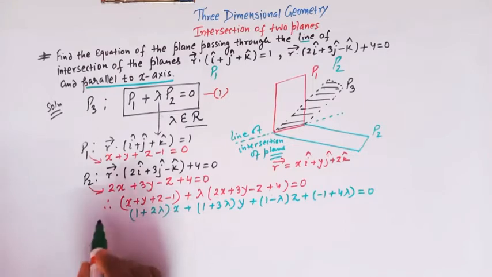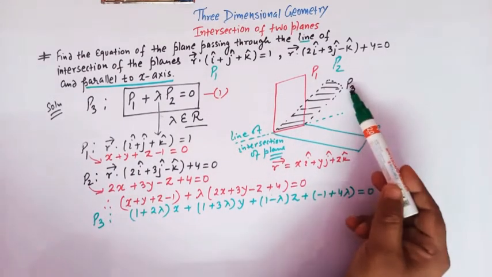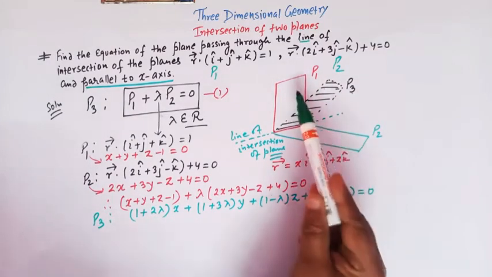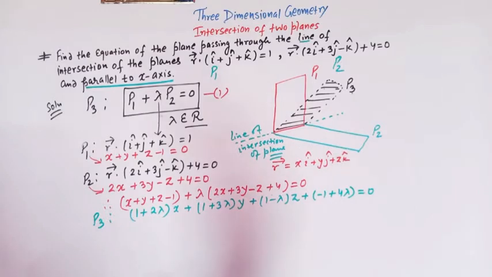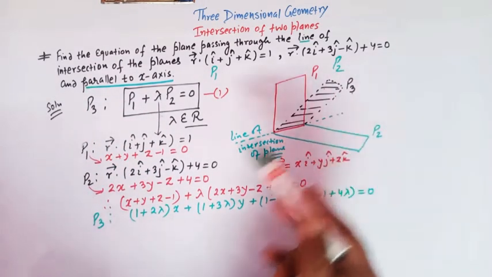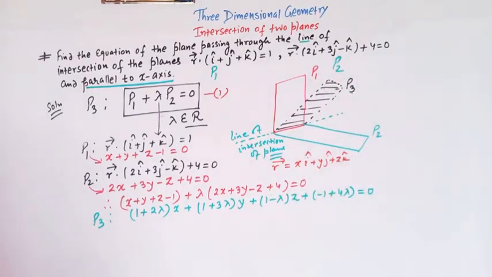So this is the Cartesian form of this plane P3 which passes through the line of intersection of planes P1 and P2. Once we calculate the value of lambda from this condition, we can easily find out the Cartesian and the vector form of this plane P3.